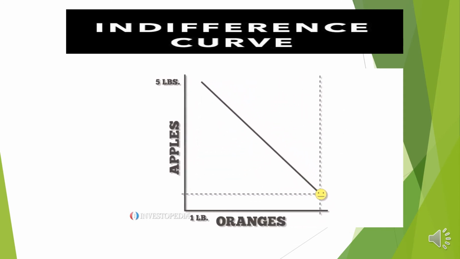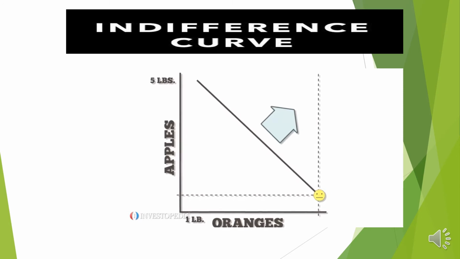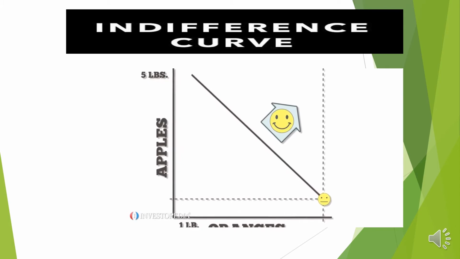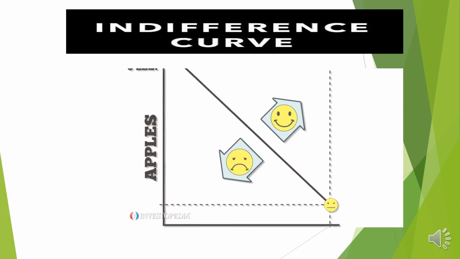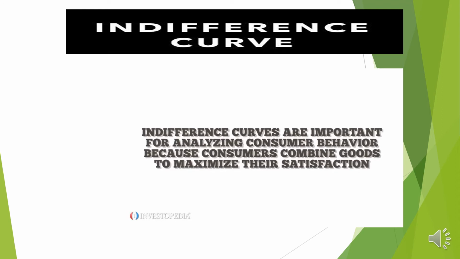Indifference curves that lie farther to a graph's right show higher supplies or consumption of a product. They're more likely to increase satisfaction levels. A combination that lies to the left of an indifference curve decreases satisfaction levels. Indifference curves are important for analyzing consumer behavior because consumers combine goods to maximize their satisfaction.